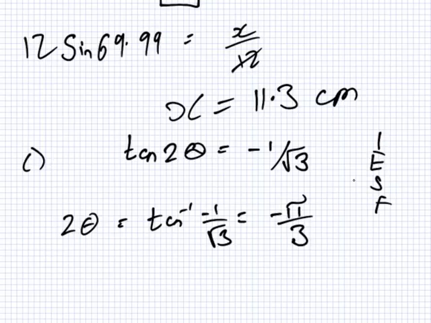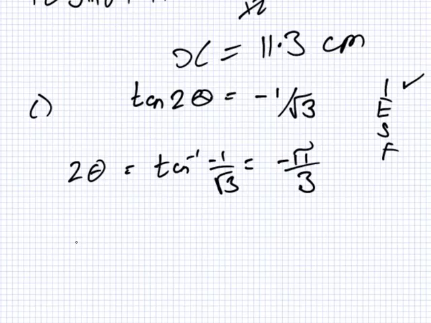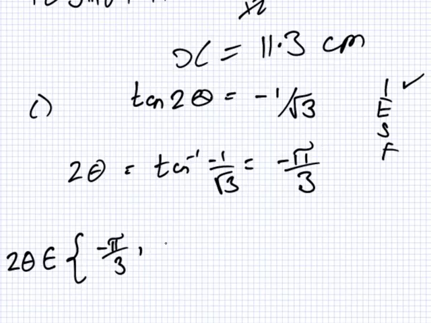Yeah, okay. Now, extra answers. How many answers am I looking at here? 4 answers. The first one is minus pi over 3. How do I get the second answer for tan? So if I add pi, that would be 2 pi over 3.